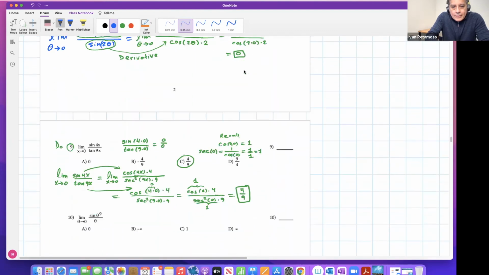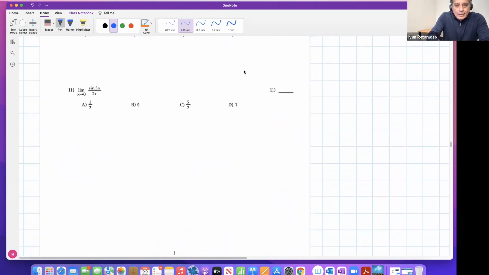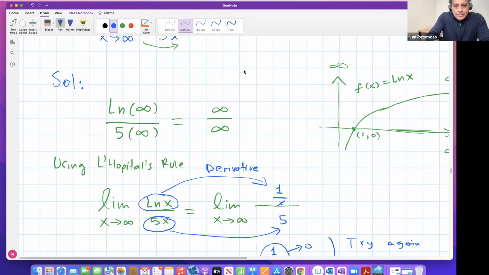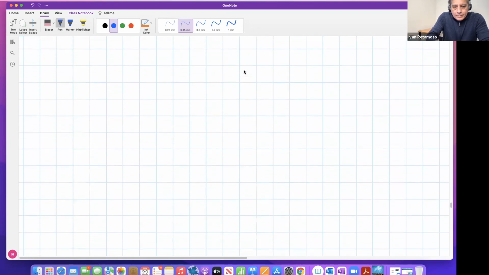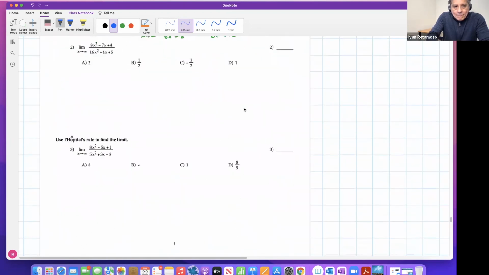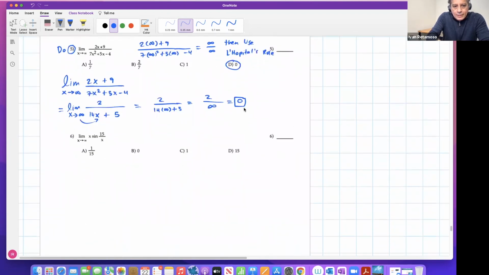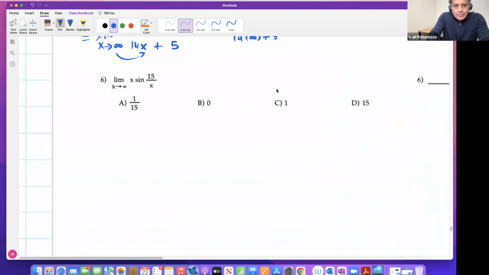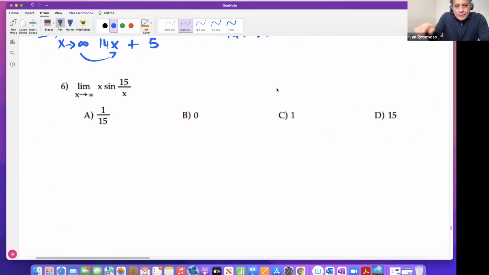So let's try this, for instance. Can you try this? The limit of x times sine of 15 over x as x approaches infinity.